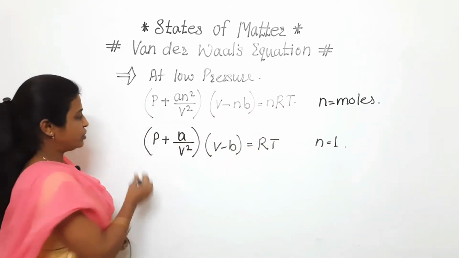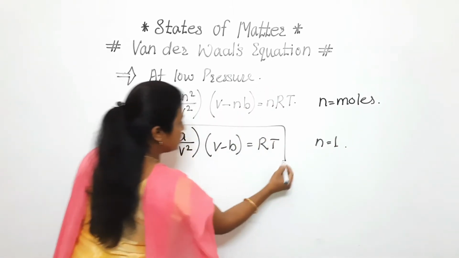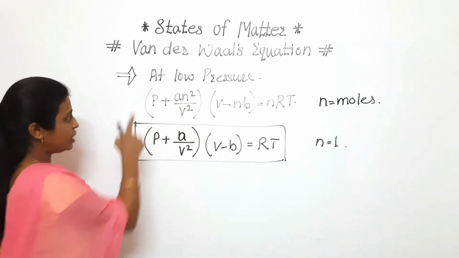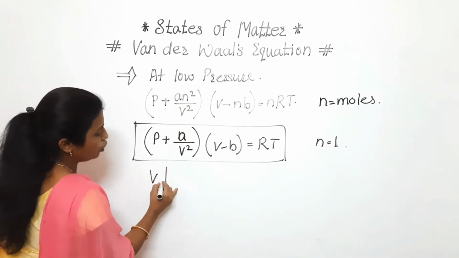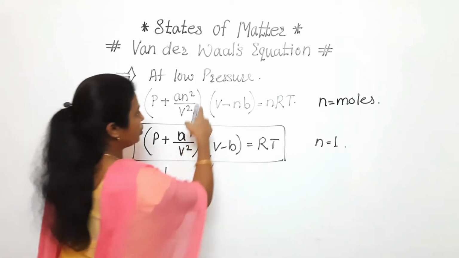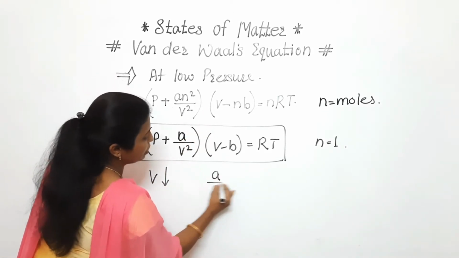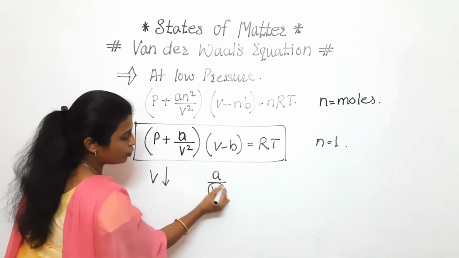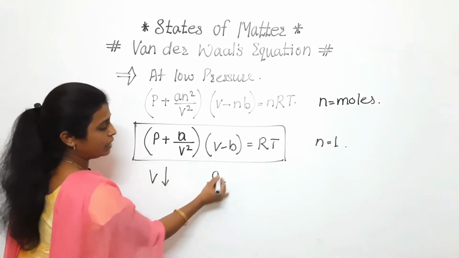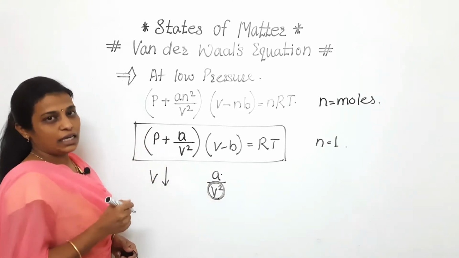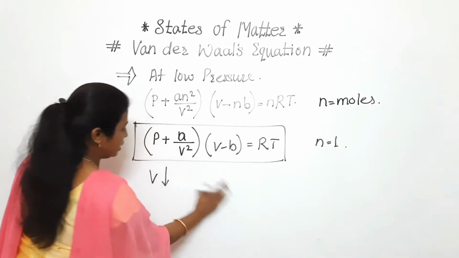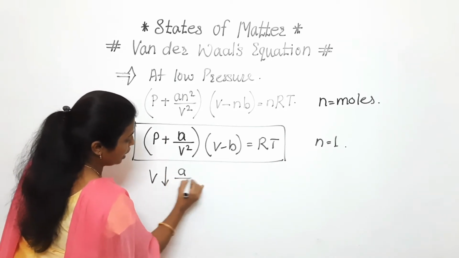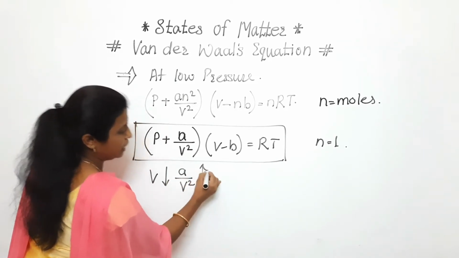Now consider the condition at lower pressure. At lower pressure the volume decreases. So if we consider the term a/V², if V is smaller and smaller, then this value will increase. So we write here: at low pressure volume decreases, so a/V² increases.